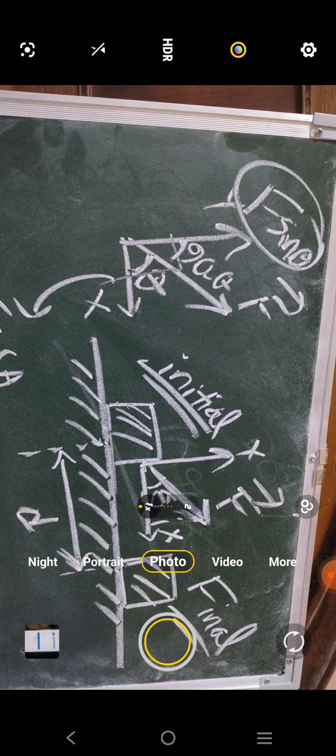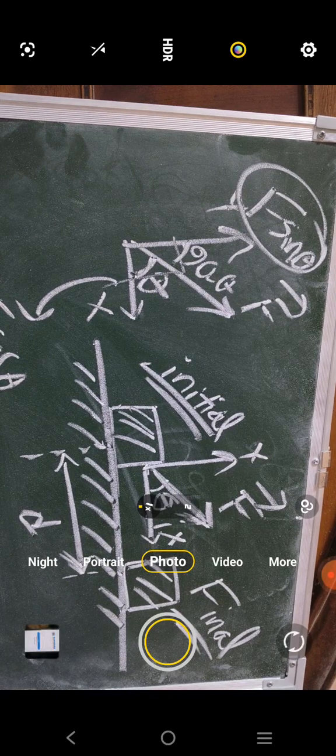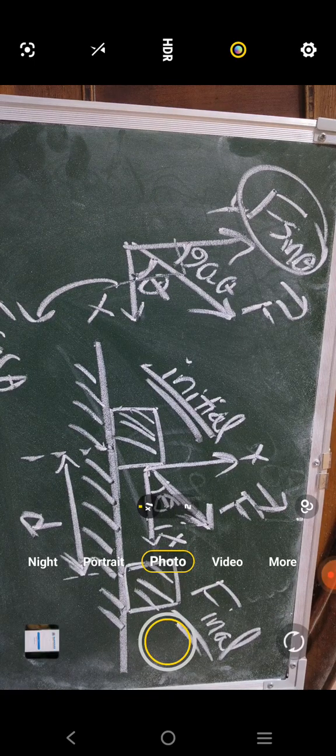So the work done by the force is the product of the component of force in the direction of displacement.